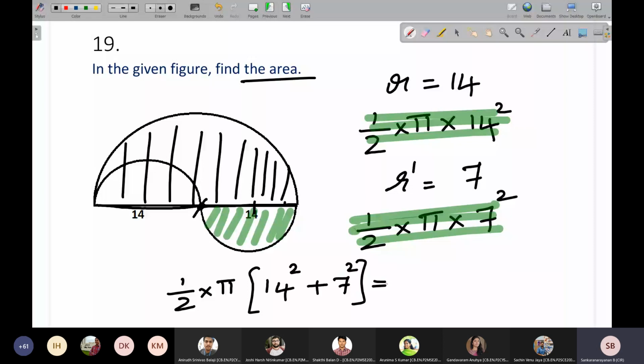You can take the value for pi as 22 by 7. Okay, so now quickly tell me how much it comes to. 462. I think you have to verify the calculation. Is it 462?